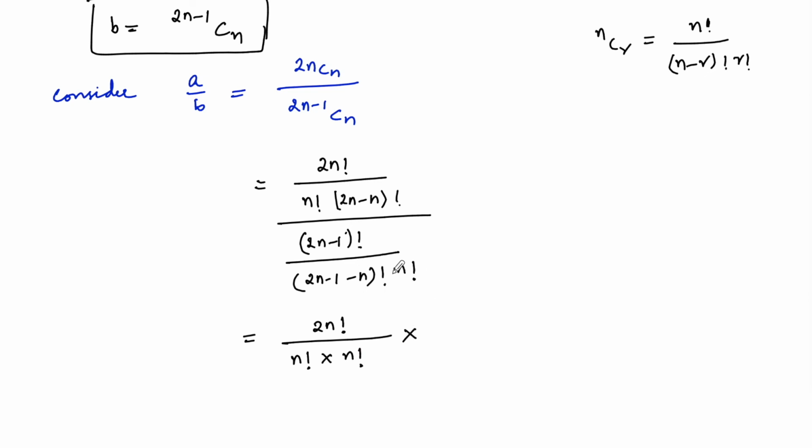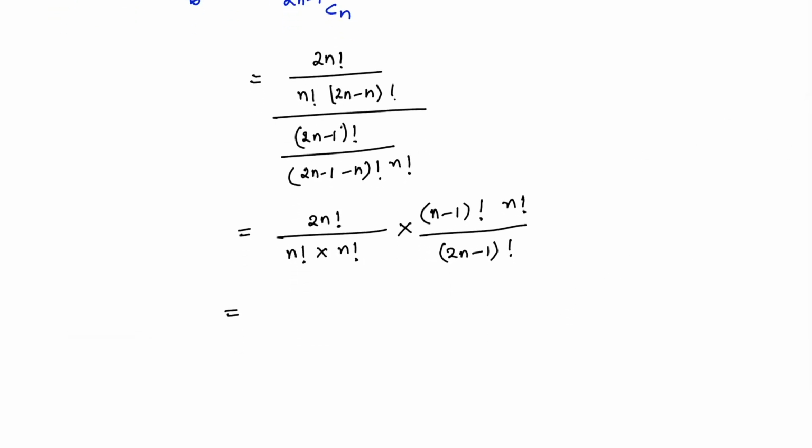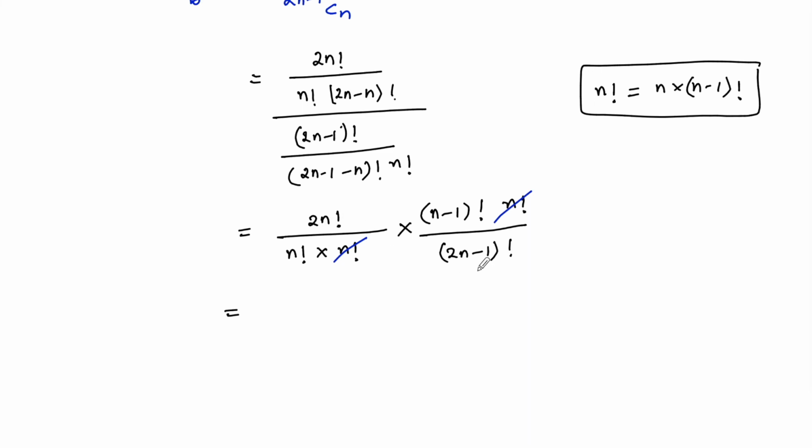Which can be written as 2n factorial upon n factorial into (2n - n), that is n factorial. The division is nothing but multiplication with the reciprocal. So let us take the denominator terms, (2n - 1 - n), that is (n - 1) factorial into n factorial upon (2n - 1) factorial. So we can simplify and cancel n factorial, and also by using the concept n factorial is equal to n into (n - 1) factorial, we can write 2n factorial as 2n into (2n - 1) factorial.